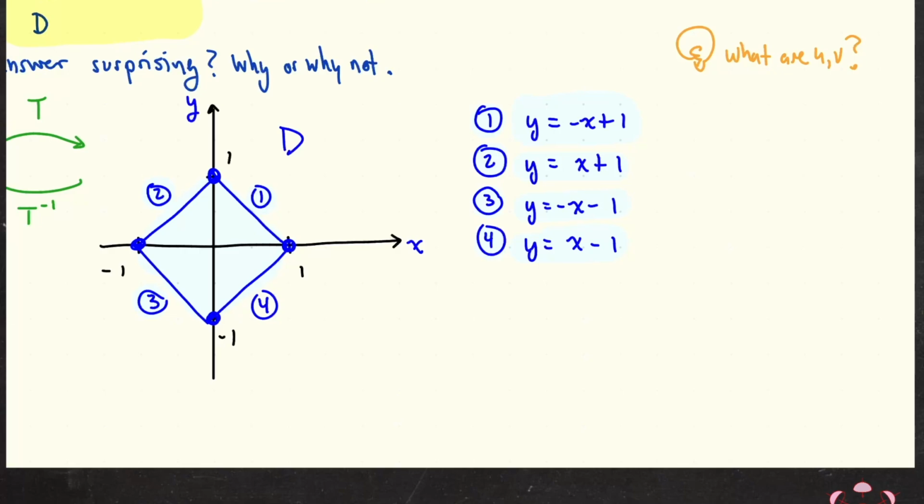I can write the first one as x plus y equals 1, the second one as y minus x equals 1, the third one as x plus y equals -1, and y minus x as -1.